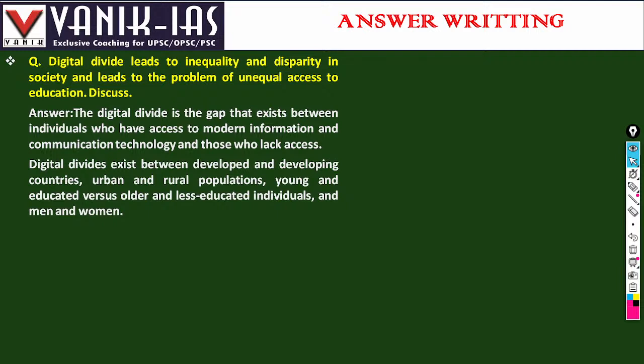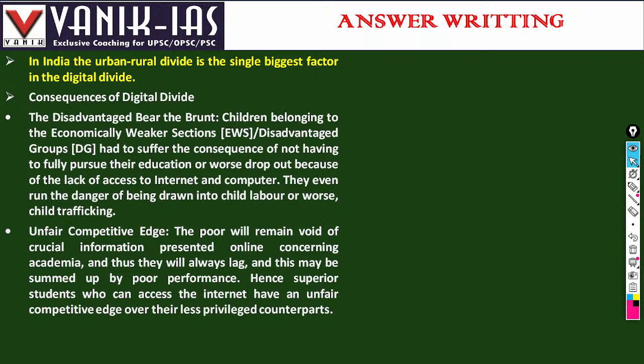The digital divide is the gap that exists between individuals who have access to modern information and communication technology and those who lack it. Digital divides exist between developed and developing countries, urban and rural populations, young and educated versus older and less educated individuals, and men and women. In India, the urban-rural divide is the single biggest factor in the digital divide.